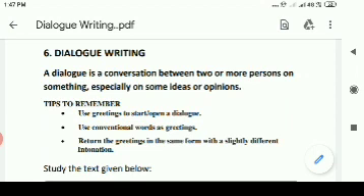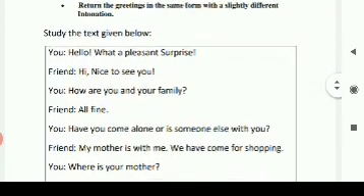Now these are the things which we have to take care of, and let us try to study one dialogue through which you can understand what happens during the dialogue, right? Okay, now study this particular text.